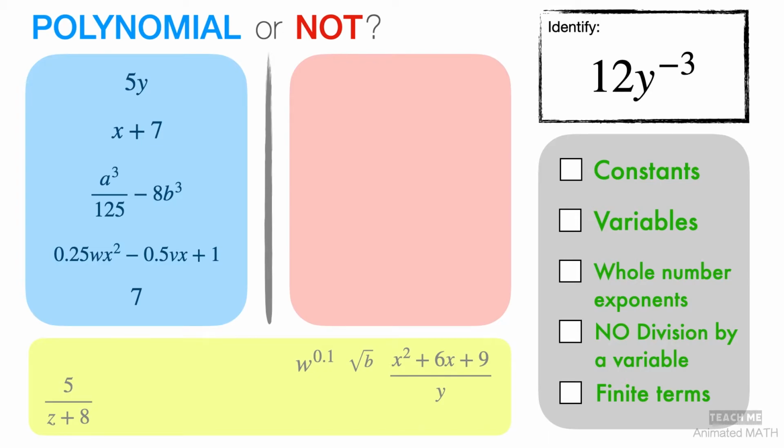This has a negative exponent, which means that it violates the definition that variables in polynomials can only have whole number exponents. This is not a polynomial. This expression is divided by a variable, not a polynomial either.